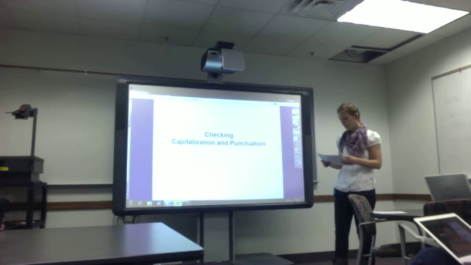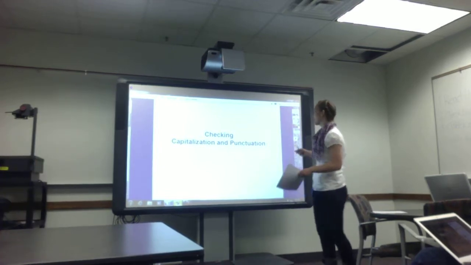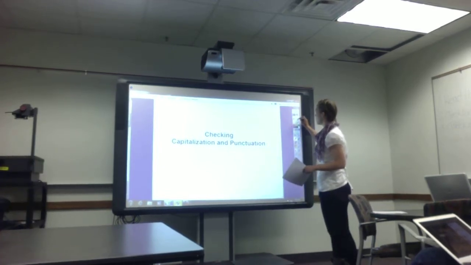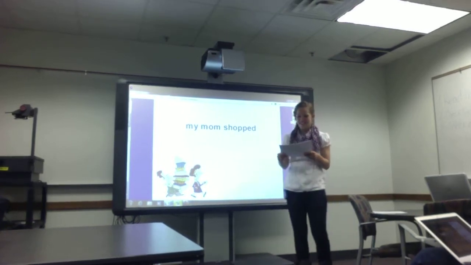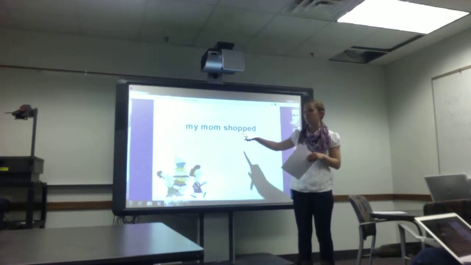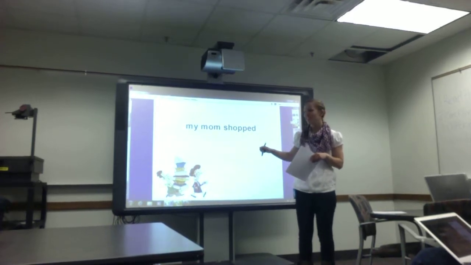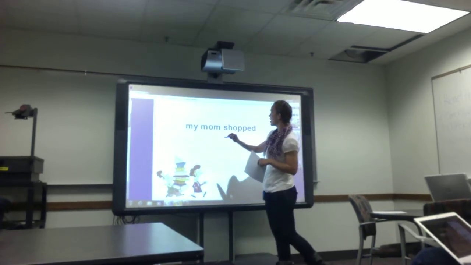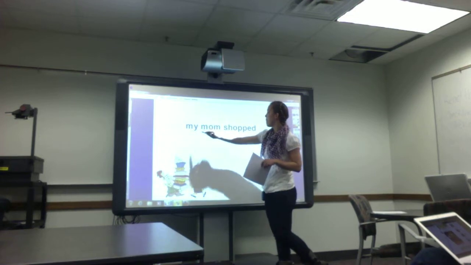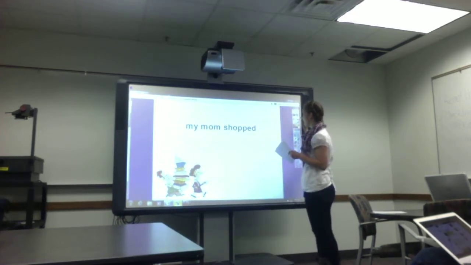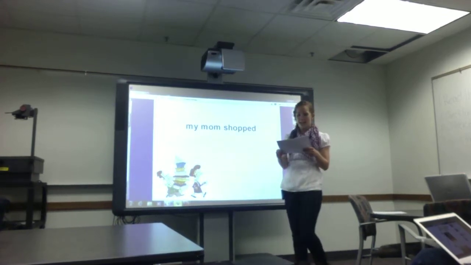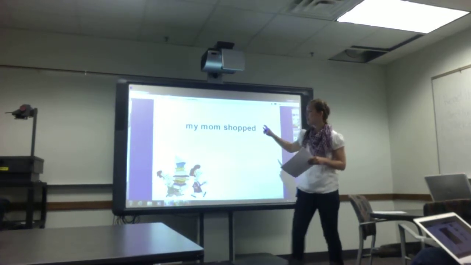Okay, so the first step to checking capitalization and punctuation is to look at the sentence. What is the first step? Look at the sentence. Okay, so I look at the sentence. It says, my mom shopped. And the second step is to look at the first letter.